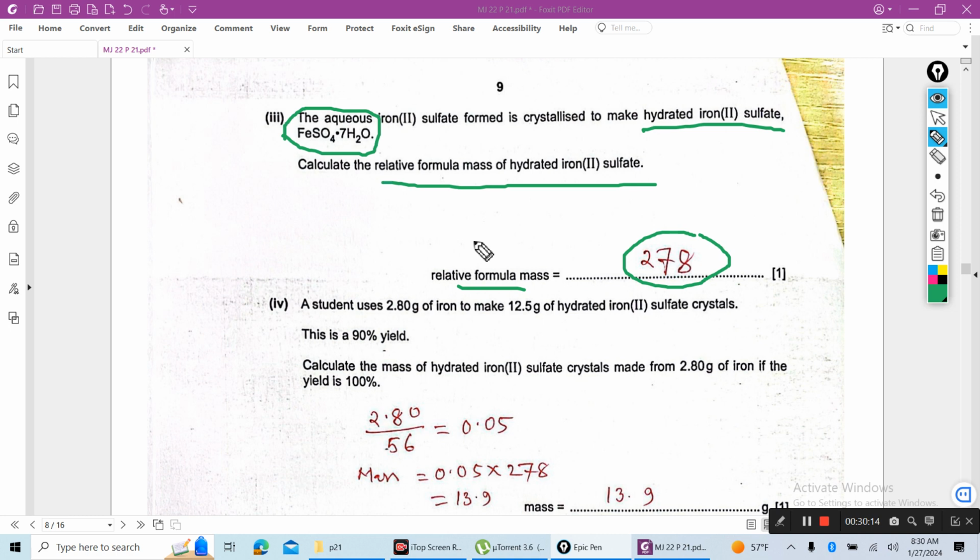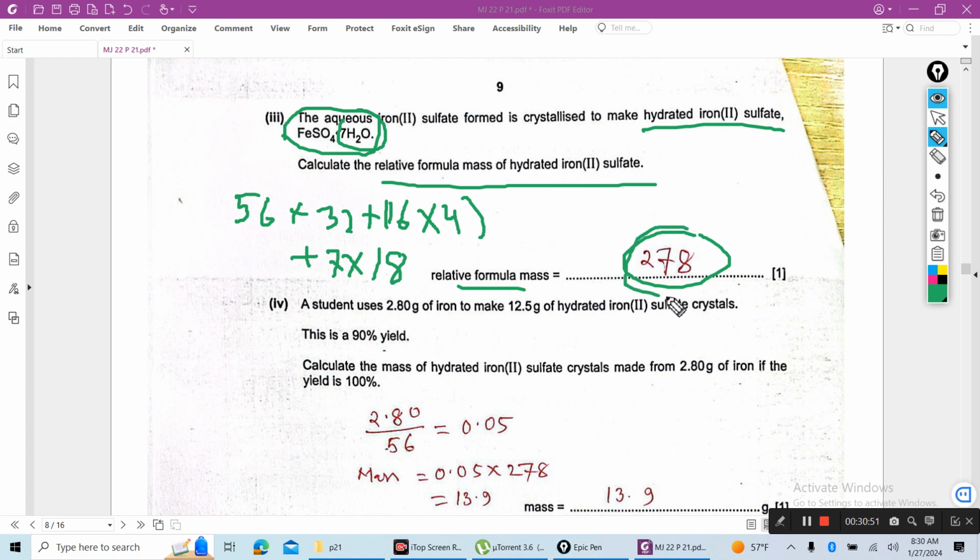You add all the relative atomic masses of all atoms: iron 56 plus sulfur 32 plus oxygen 16 times 4, plus 7 moles of water, 7 times water 18, and you will get 278.